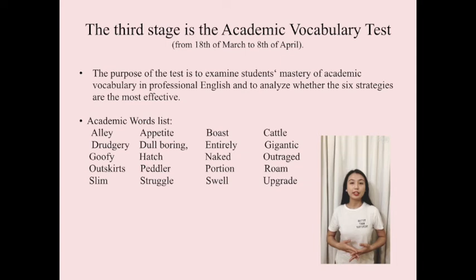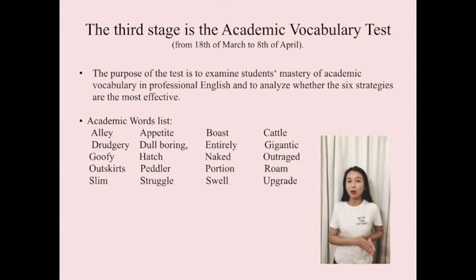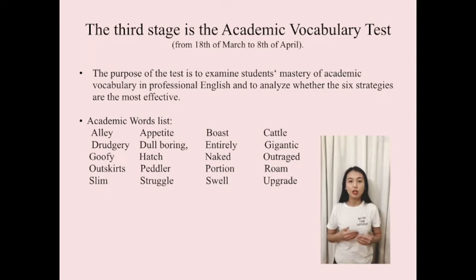The third stage is the academic vocabulary test. The purpose of this test is to examine students' mastery of academic vocabulary in professional English and to analyze whether the 6 academic vocabulary learning strategies are the most effective.